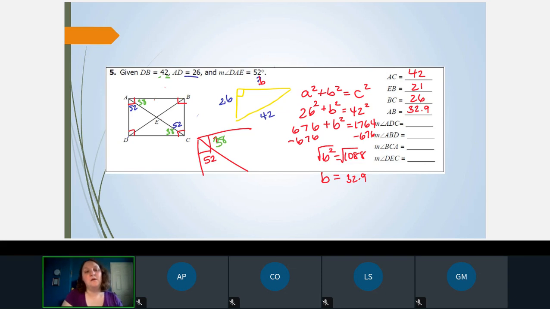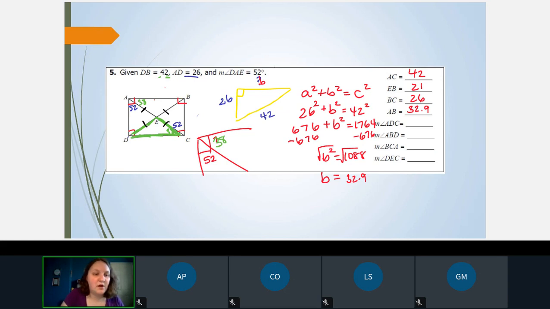Okay. Now I alluded to this a little earlier when I introduced the rectangles. We'll use green. I'm going to look at this bottom triangle right here. And we know that in our rectangle, our diagonals not only are congruent, but also bisect each other.